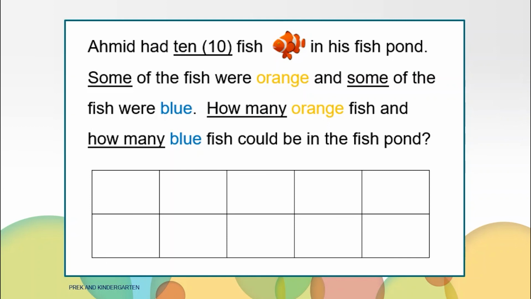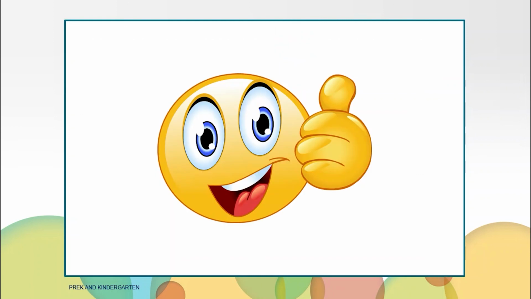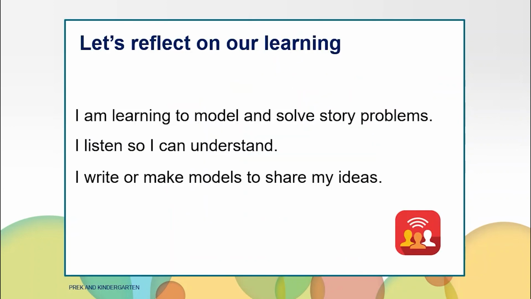Show me your different combination. I am so proud of all of you for working so hard on coming up with different combinations for our story problem. Sometimes there is more than one answer when we solve problems.